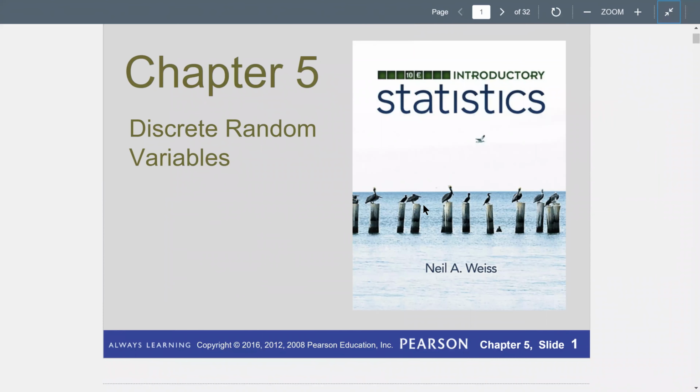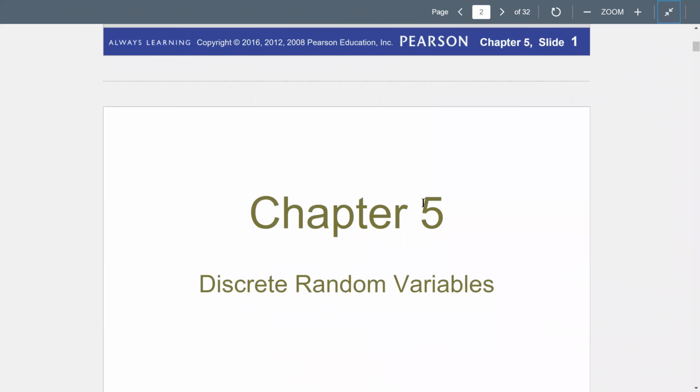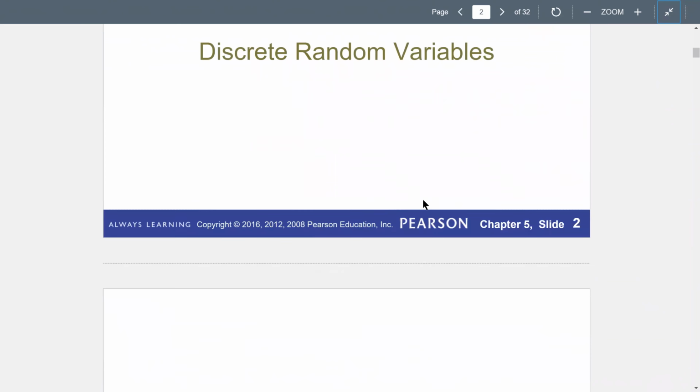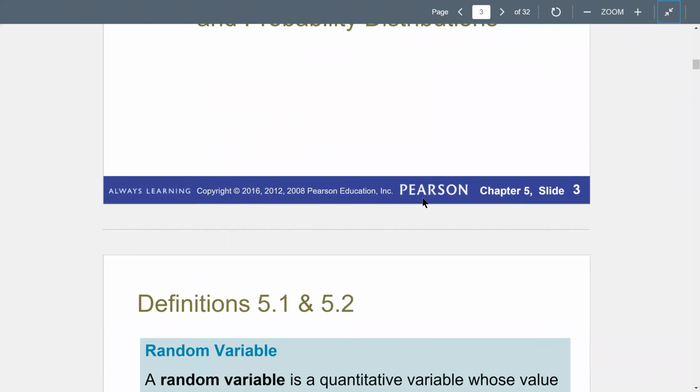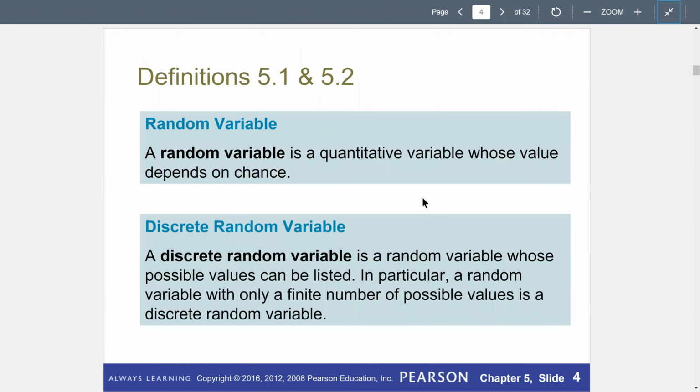Discrete random variables are those variables that only take on discrete values, which are not continuous. Usually these numbers are integers, positive integers, including 0.